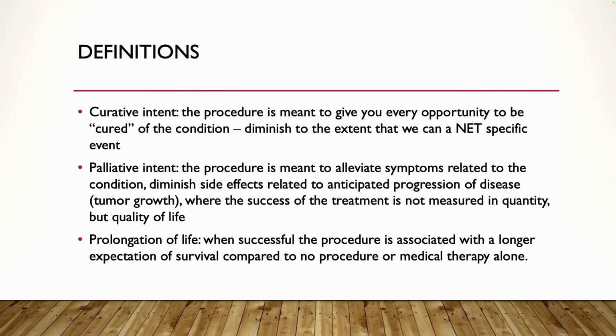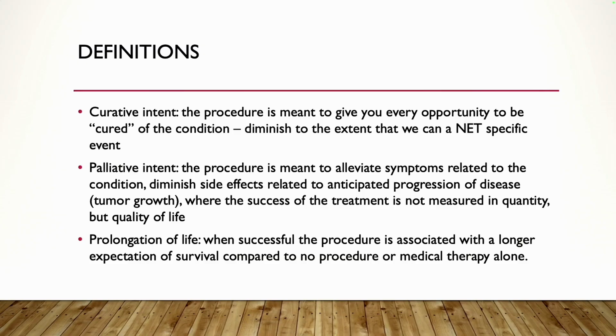That's what we call recurrence. But the point of the operation or the point of the treatment is to try to eliminate it to the best that we can, of having this be a factor in the rest of your life. And that is a very valuable tool in neuroendocrine. Palliative intent means that whatever we're prescribing is meant to alleviate symptoms related to the condition, and diminish the side effects related to anticipated progression of disease.